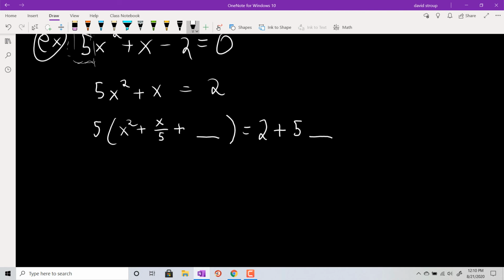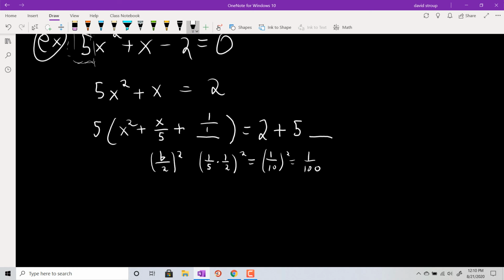So anyways, again, we need this magic number b over 2 squared. And in this case, our b is 1/5. So you can write it as 1/5 divided by 2, which is the same as multiplying by 1/2, squared. So that will be 1 over 10 squared, which is 1 over 100.